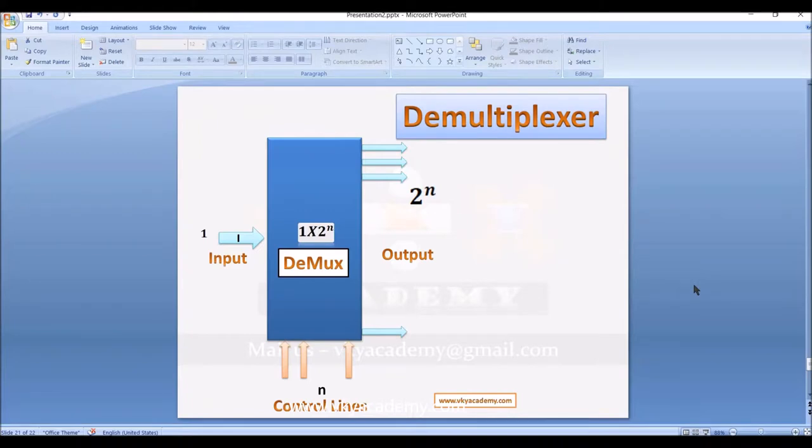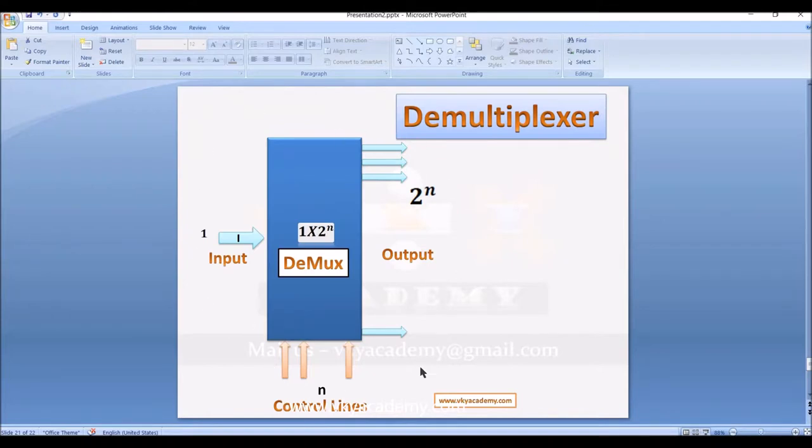Now in this figure you can see we have one input and multiple outputs, and we have few selection lines or control lines, and this is a block diagram for 1 cross 2 to the power n demultiplexer.